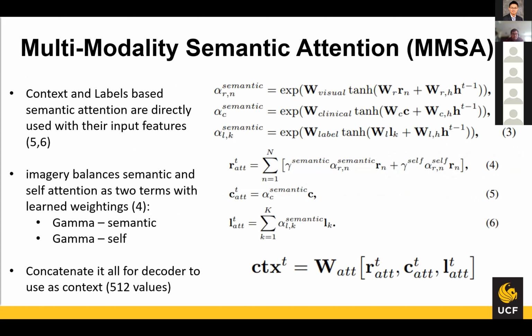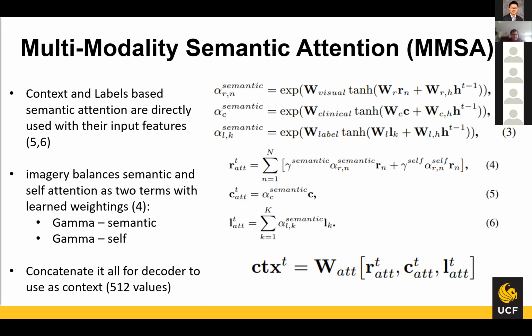For finishing the computation of the attention, for context and labels, those semantic attentions were directly computed using their input features. So you can see equations 5 and 6 there. Use what we had previously seen multiplied by those vectors themselves.